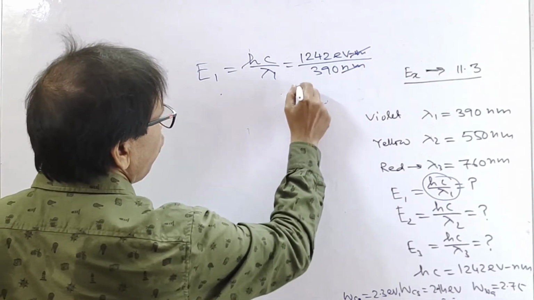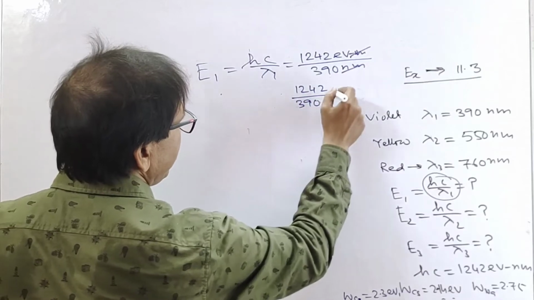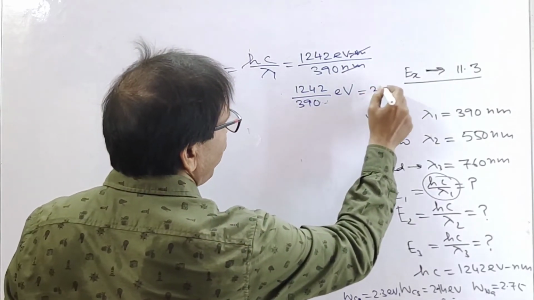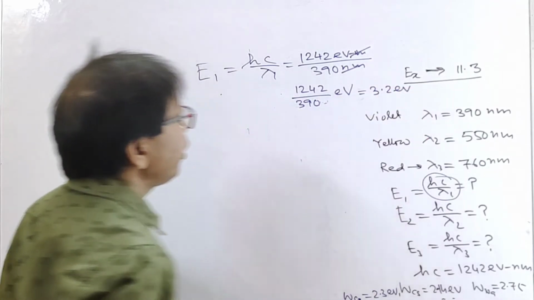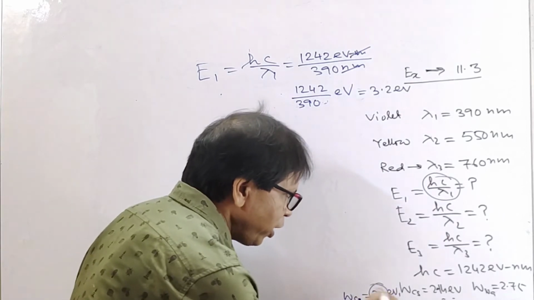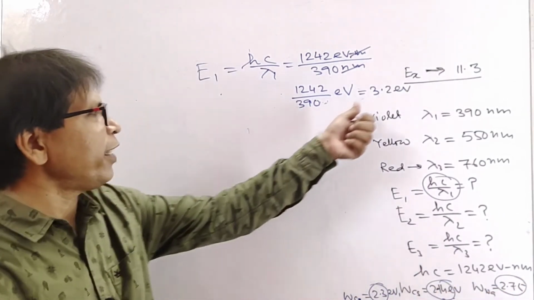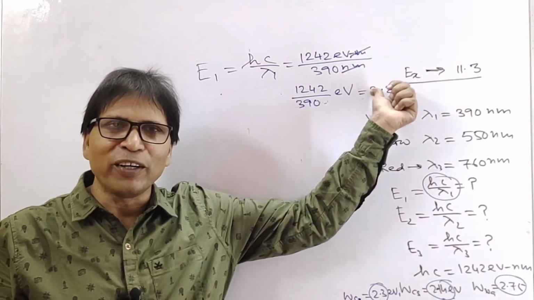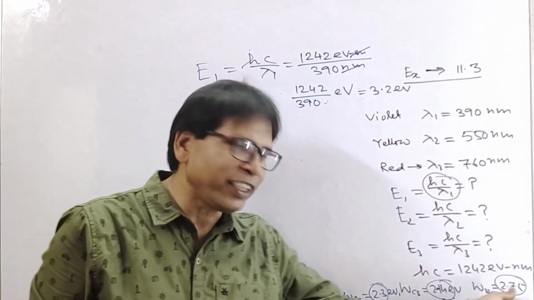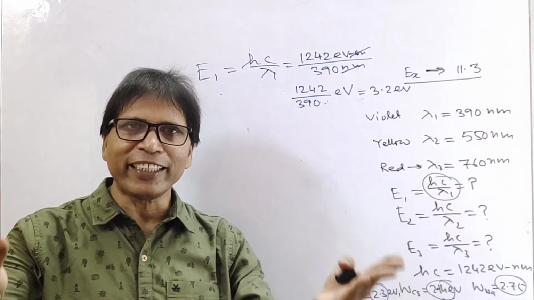So this is 1242 by 390 electron volt. Okay, so this is 3.2 electron volt. Therefore, these three substances have work function less than the energy of the photon of violet light. So these three substances can be used as a cathode for a photoelectric device.